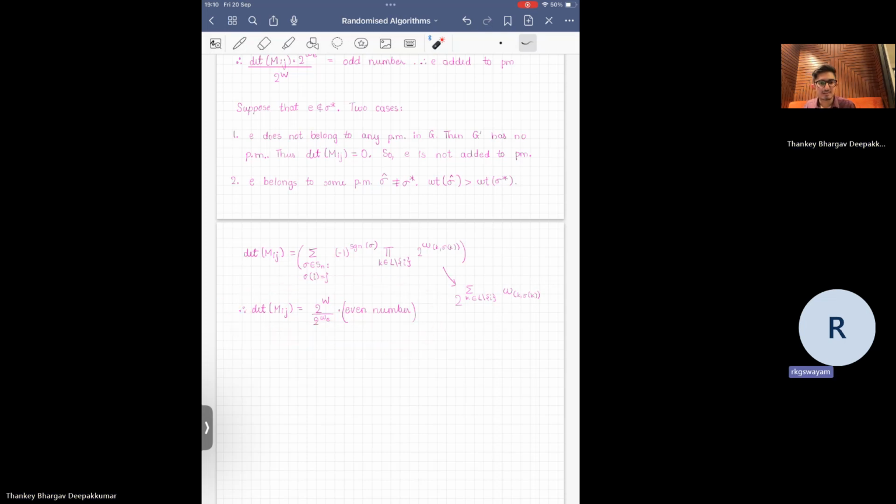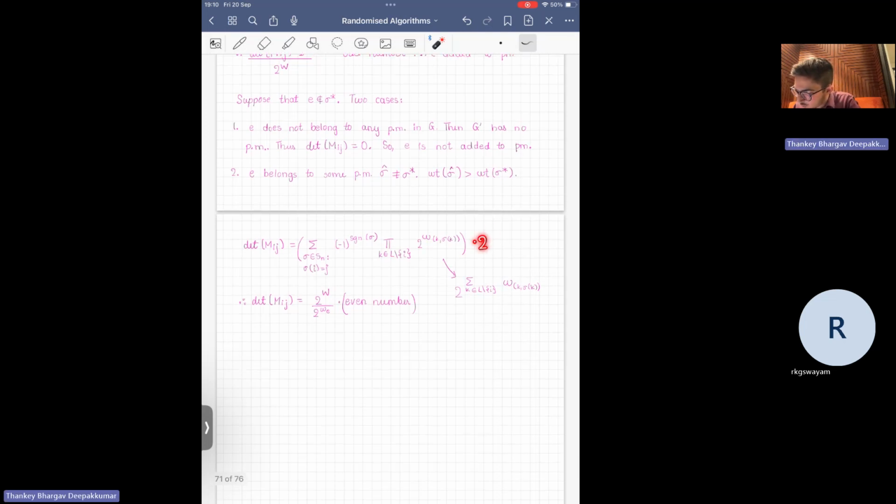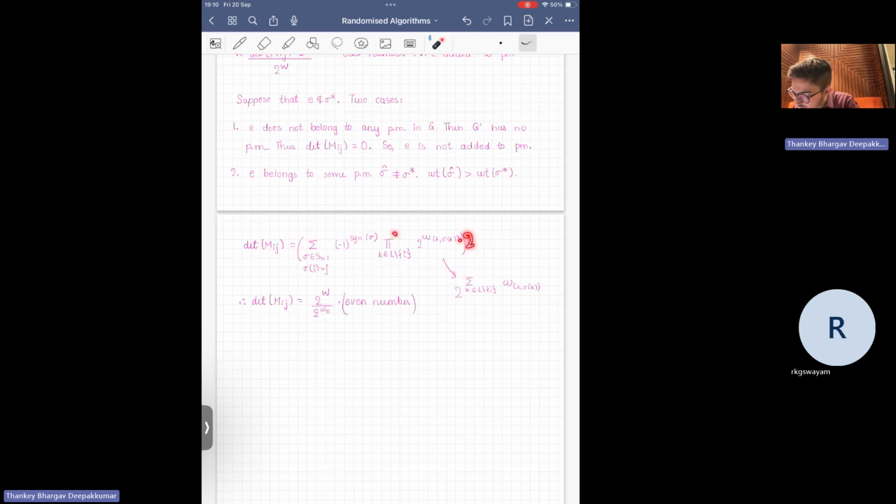But from where did you get this equation? I mean, from where did you get this capital W here? Probably you took this equation from some previous result? No. As we saw, if I multiply 2 to the WE over here, each and every one of these products corresponds to 2 to the weight of some perfect matching containing E, right?